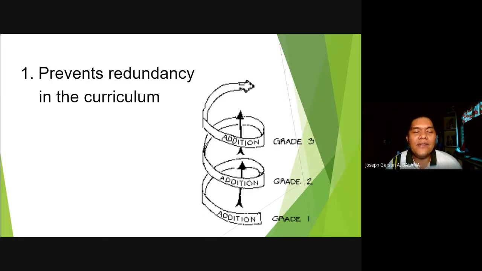Aside from that, it also prevents redundancy in the curriculum. Because when you study closely curriculum guides and the content and skills development, especially in the spiral progression, it will tell you that some skills and some competencies are already mastered and are repeated at some other grade level or some other points in the timeline. So you can use elimination or even complementation or even merging.